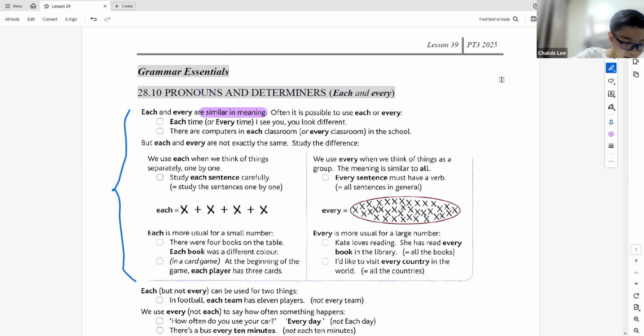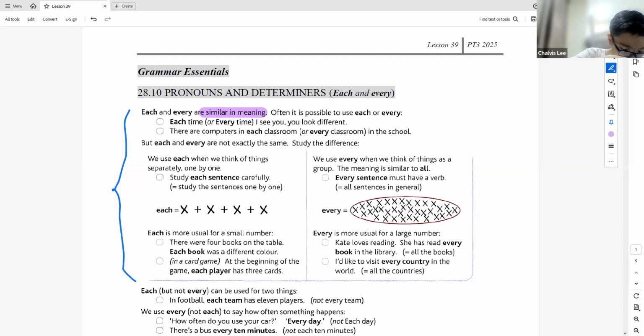We use every when we think of things as a group. The meaning is similar to all. Every sentence must have a verb. All sentences in general. Every is more useful for a large number.